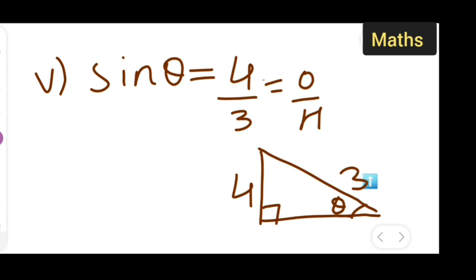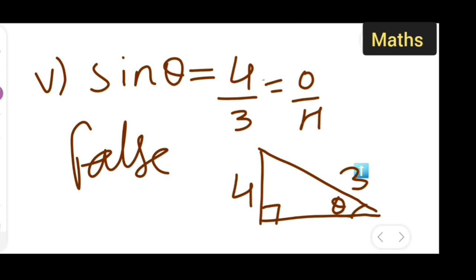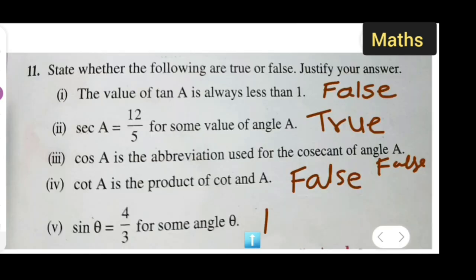But you can see that the 3 is too small, and the hypotenuse is always greater. So obviously this will be a false statement. So I can write down the final statement is also false. So we have the second one true, the first one false, the third one false, the fourth one false and the fifth one false.